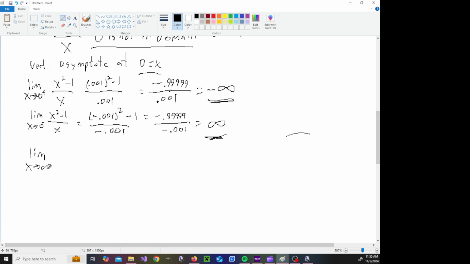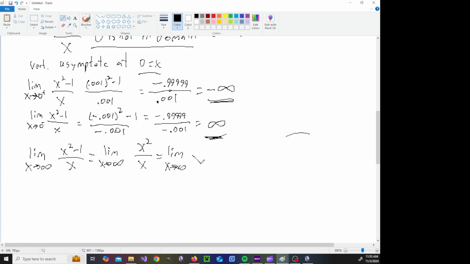Because what if I consider the limit as x goes to infinity of x squared minus 1 over x? Well, hey, I only care about the leading terms, so that looks like x squared over x, which is the limit as x goes to infinity.